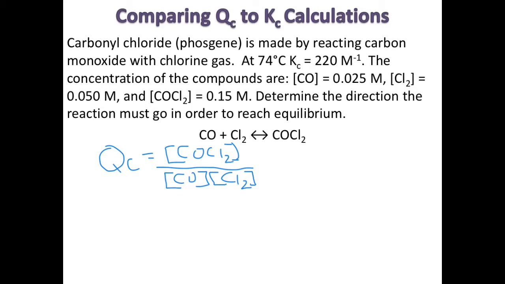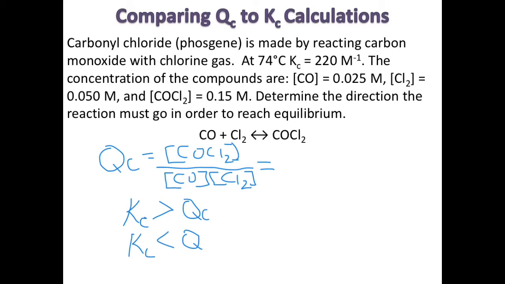Don't go under the false assumption that because 0.25 and 0.05 are less than 0.15 that it has to go back to reactants. Don't fall for that one. What we're looking to see is Kc greater than Qc? So we'd proceed to the right, or is Kc less than Qc? It'll proceed to the left, or are they about equal? So it's close to equilibrium.